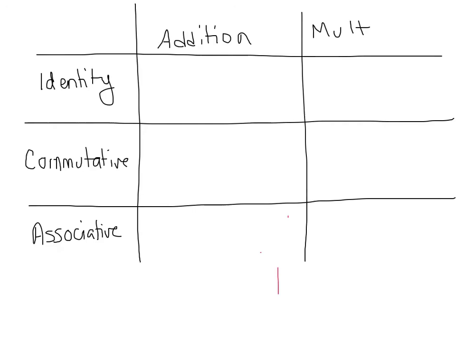There are going to be certain number properties which are going to be important, and they exist for addition and multiplication. As I begin to look at these properties, identity basically says I start off with a number. Let's say I start off with 6. What do I add to that to keep my value of 6?